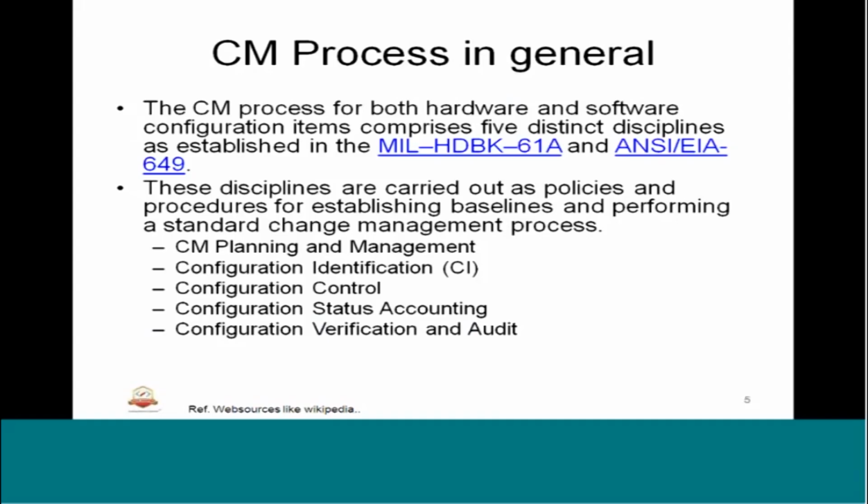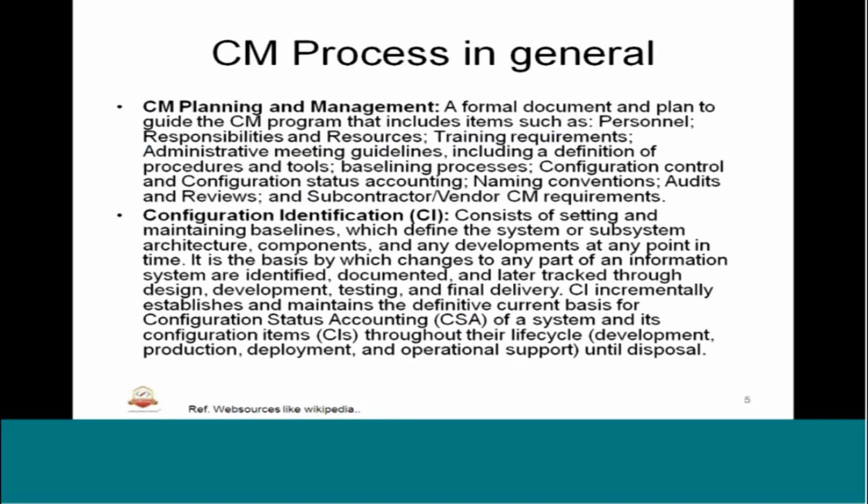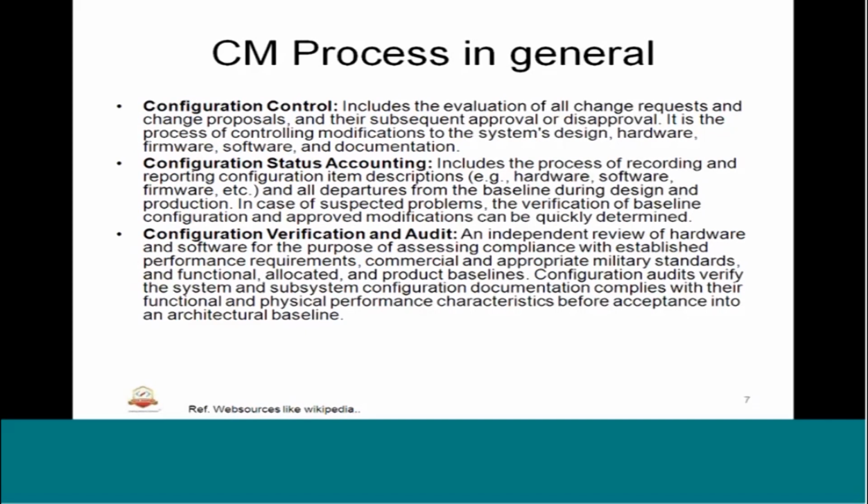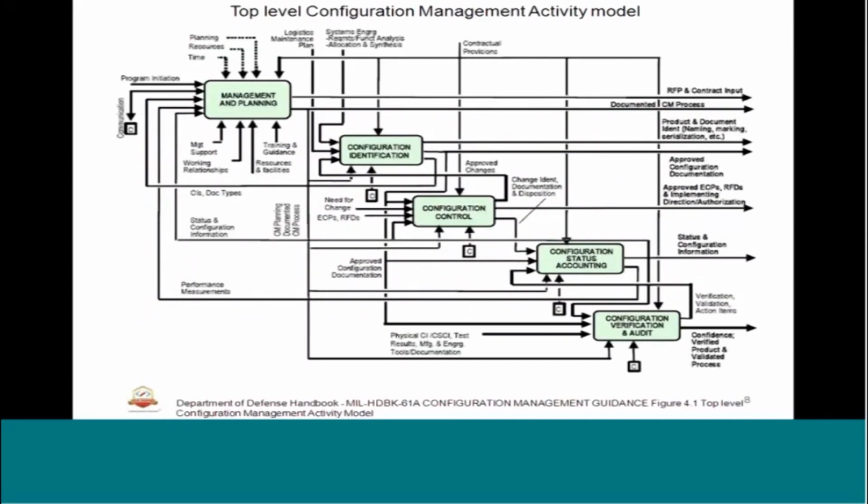The disciplines are planning, configuration identification, configuration control, status accounting, and verification and audit. And their details we had studied: CM planning and management, configuration identification, control, status accounting, verification and audit, and we had seen the model, how it looks, the various blocks or elements of configuration management.